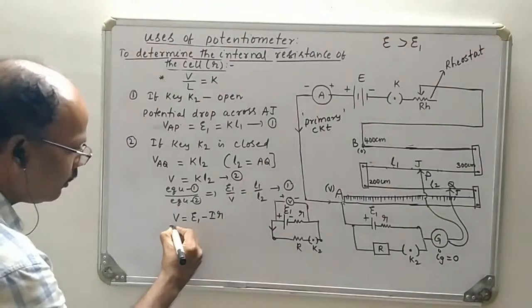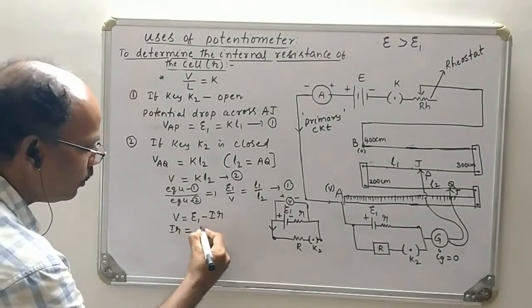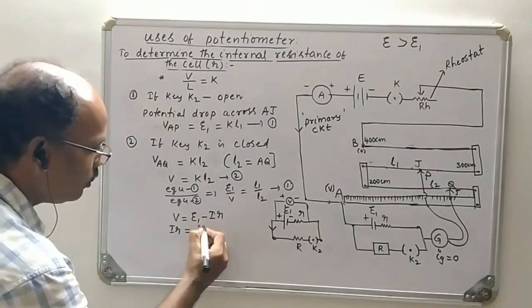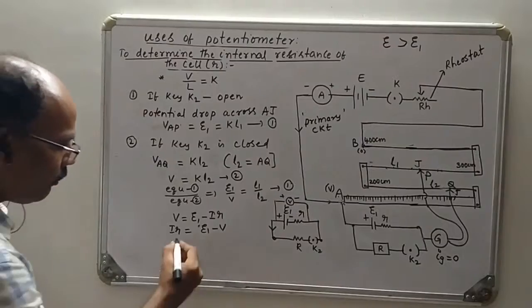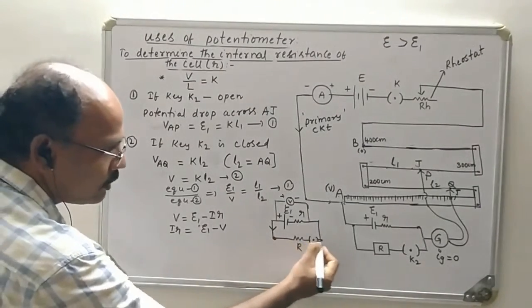From this we can write I r is equal to E1 minus V. And what is the value of the drop across the resistance?